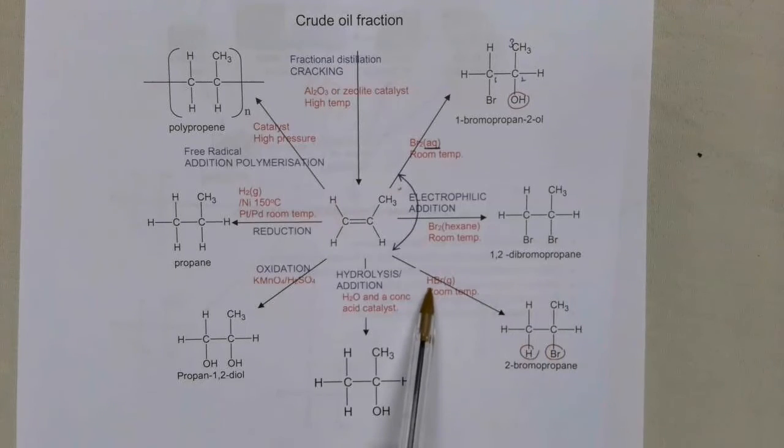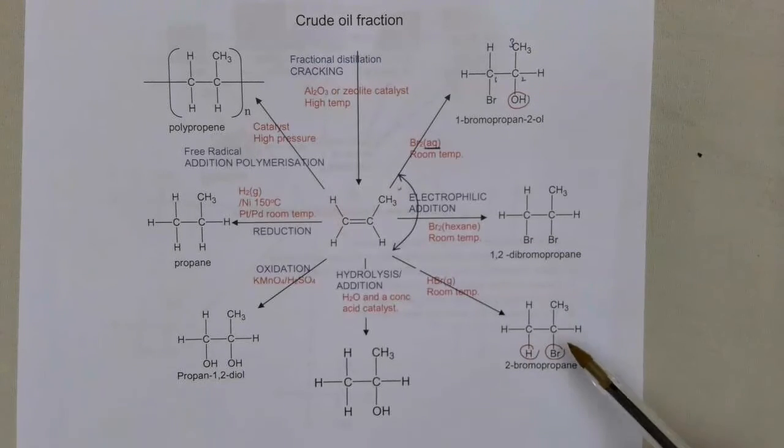If we used hydrogen bromide, we've just here done the major product, 2-bromopropane, but you should also remember there is a minor product of 1-bromopropane. And you need to understand why this is the major product by linking it back to the stability of the carbocation.